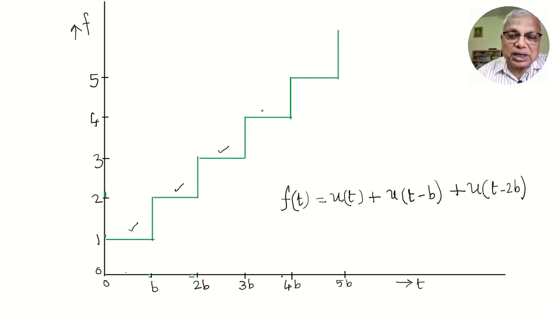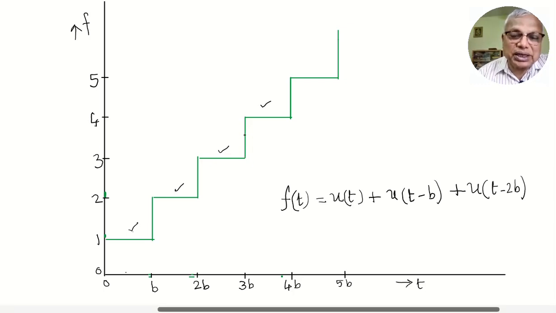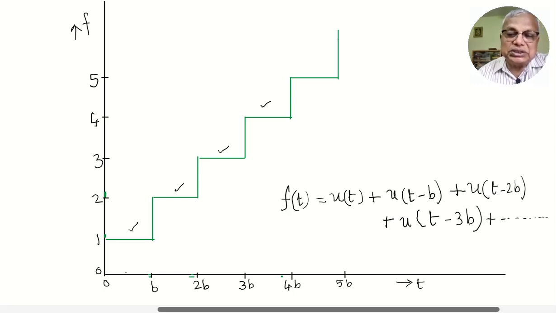And this one is also a unit step function starting at 3b, so plus u of t minus 3b, and so on. It goes on. It's a series. So this is the equation for this function.